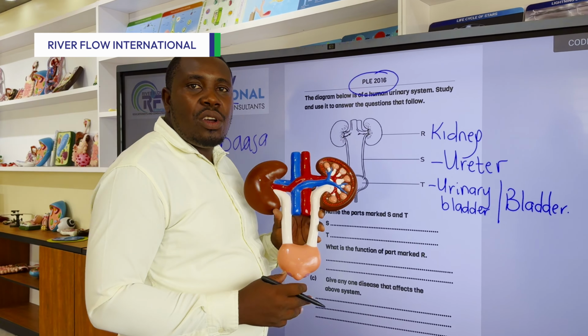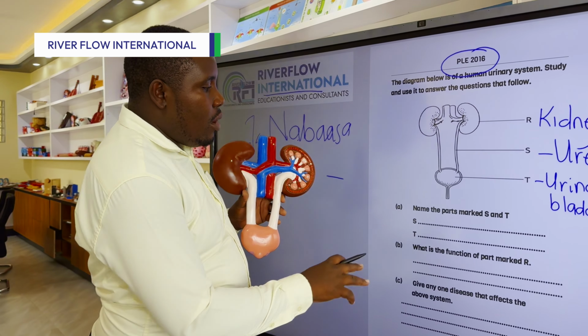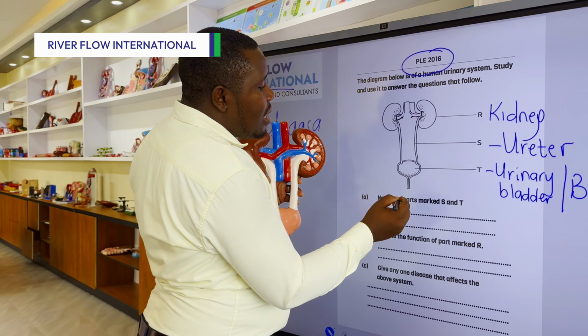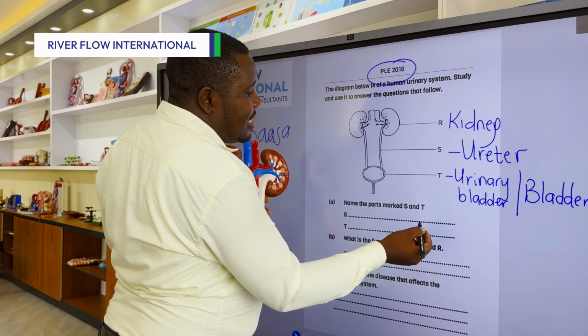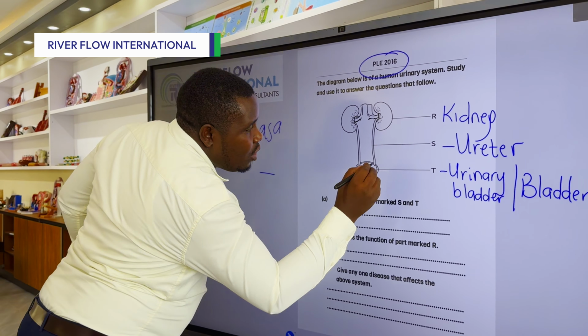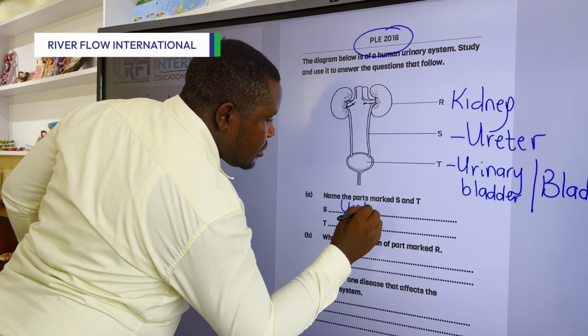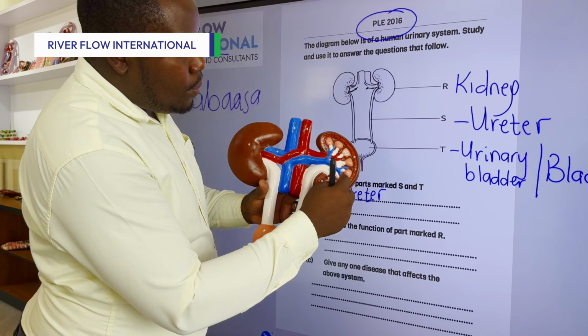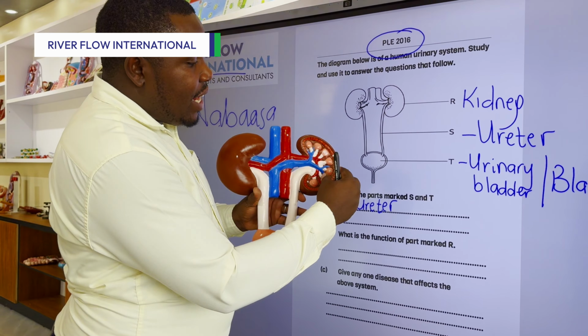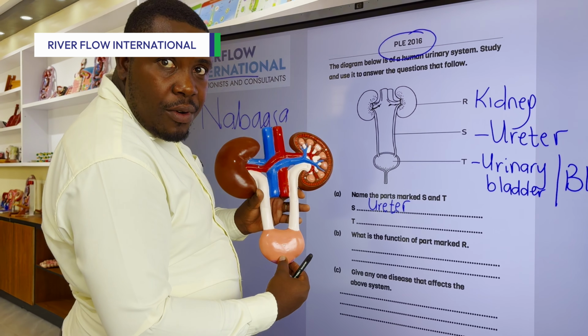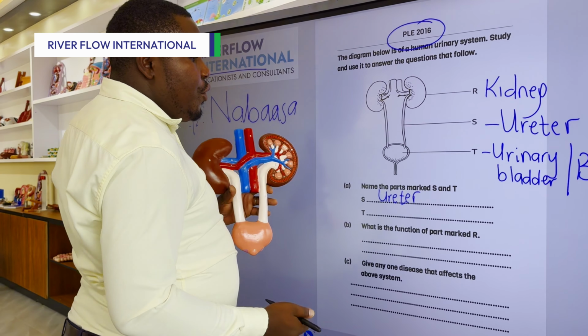Now, if we were marking learners for primary, even if a learner said bladder, it would be good they also add a mark because they already have the concept. Now let's look at part A. Name the parts marked S and T. We already know them. We know S is a ureter. S is this part. This tube that connects a kidney to the urinary bladder is the one we call ureter.